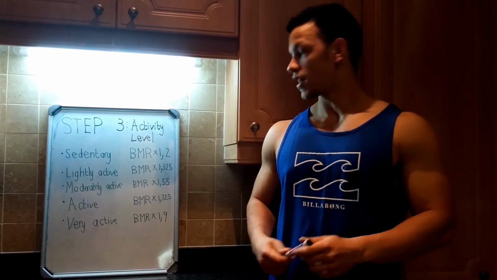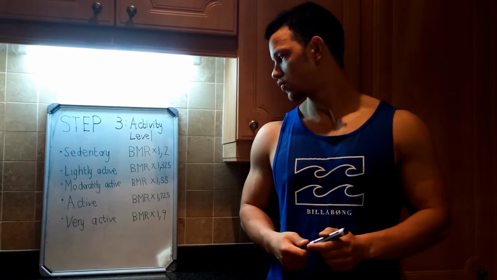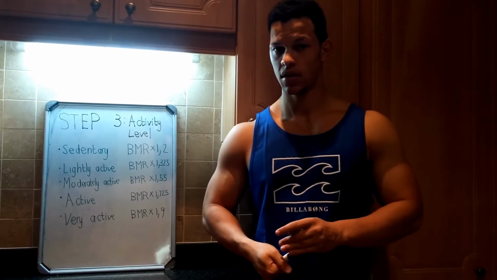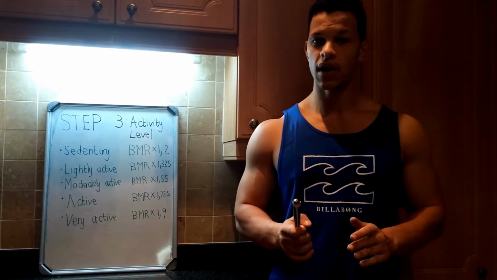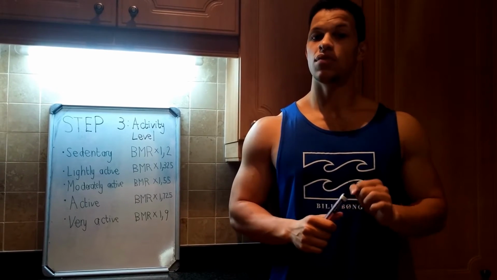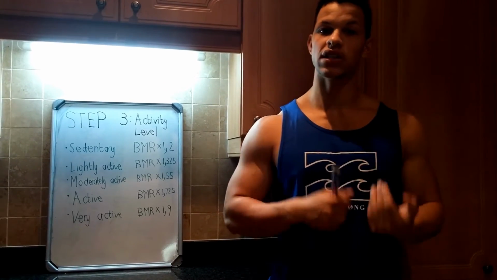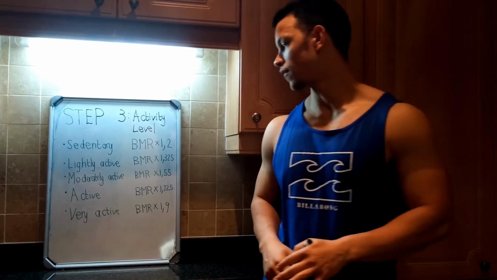Reason being is because this person will go to the gym between 6 and 7 times a week. You don't like missing a workout, you're really into your fitness, and you like what you see. Obviously, when you like what you see, you go to the gym more and more. And that's where I fall in.